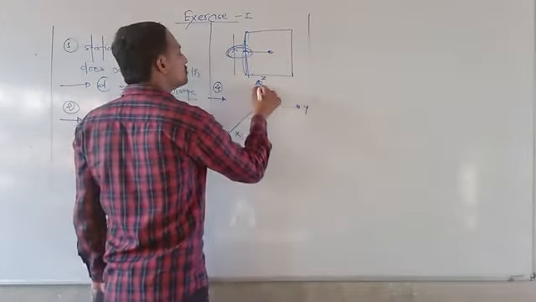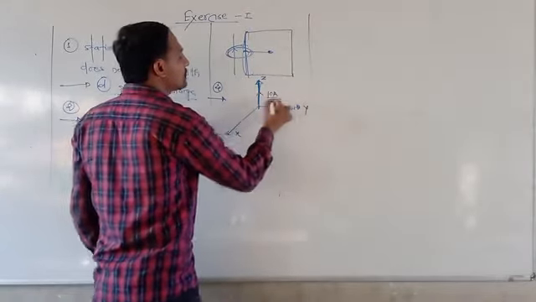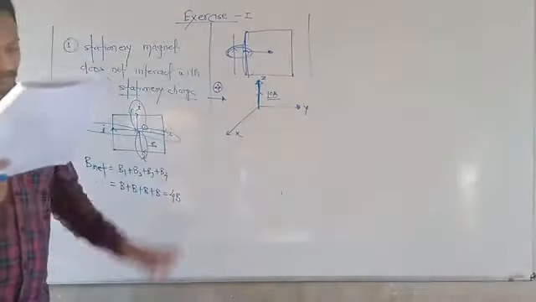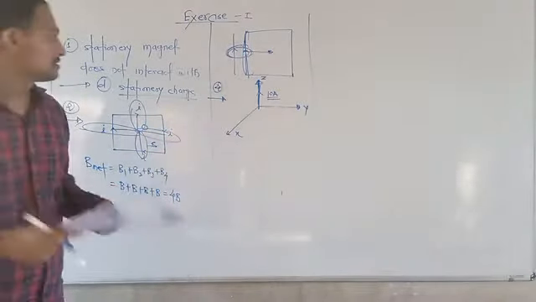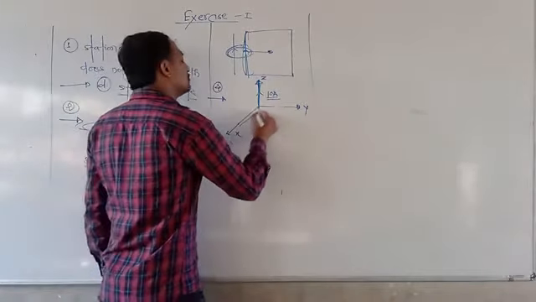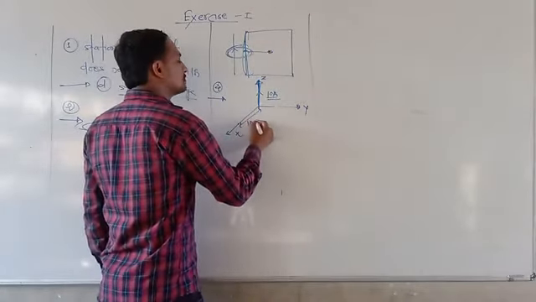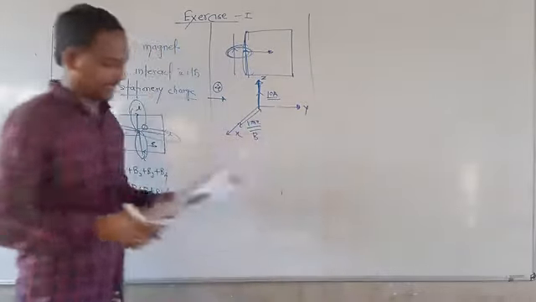This is the conductor put along z, having 10 ampere current. And the magnetic field at the point x, 1 meter from the wire, B, we have to find.